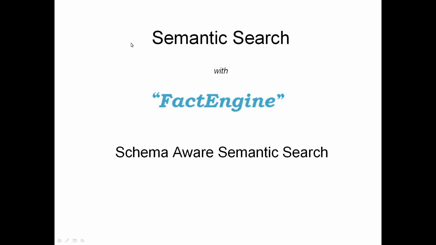So what we've looked at today is semantic search with FactEngine, so natural language queries inside FactEngine over a database, and where those queries are schema aware. So we're doing Schema Aware Semantic Search with FactEngine.